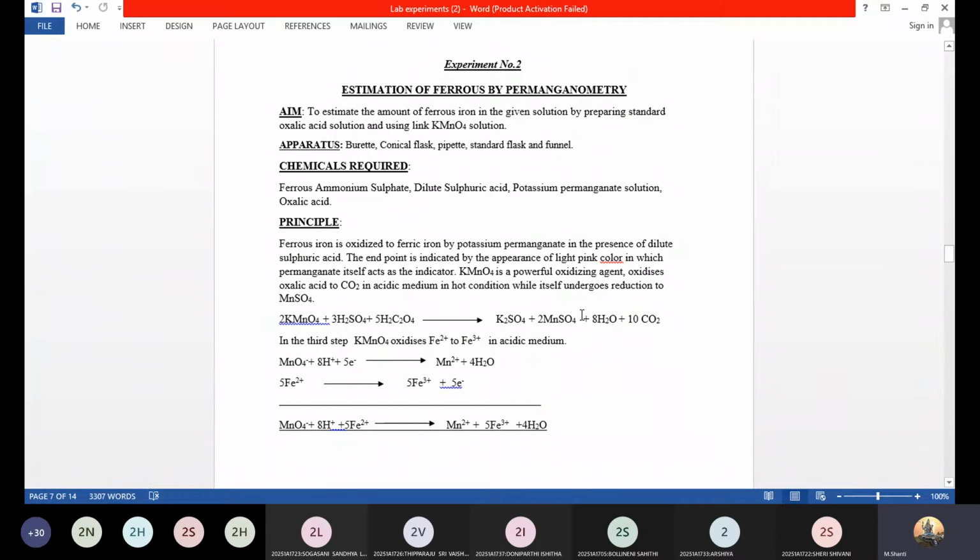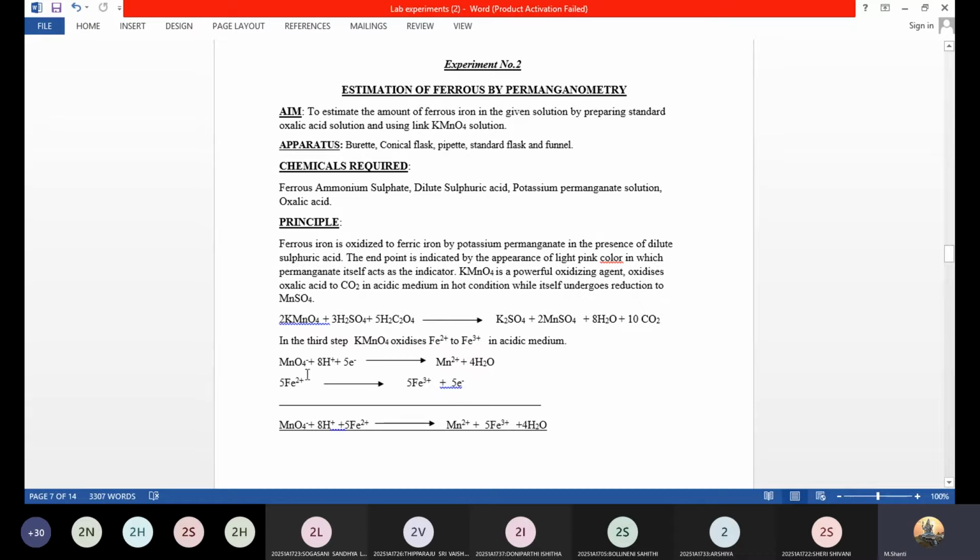How? +6? The oxidation state of sulfur is +6. Sulfate, you have to calculate as a whole. Okay, sulfate is -2. So X minus 2 equals 0, so X equals +2. So from +7 it is changing to +2. Is there an increase or a decrease in the oxidation number? Decrease. Okay. So if there is a decrease in oxidation number, then we can say that substance is getting reduced or it is acting as an oxidizing agent.